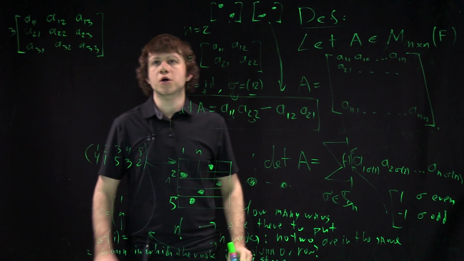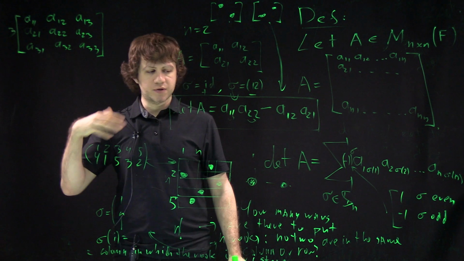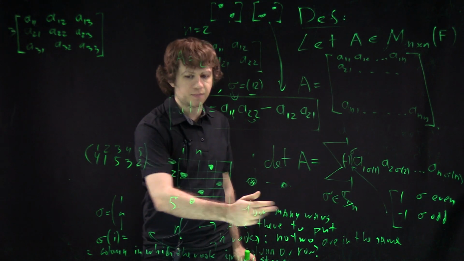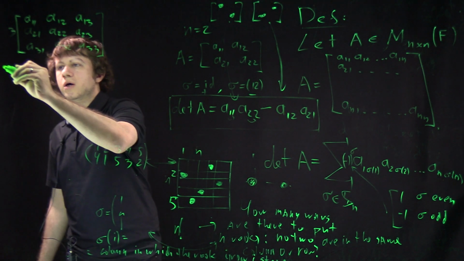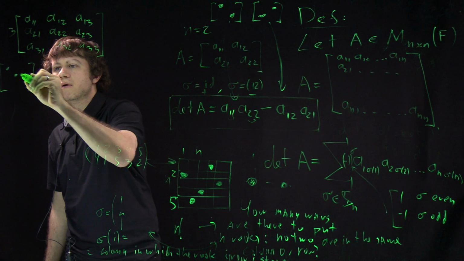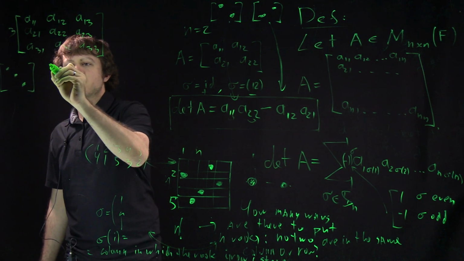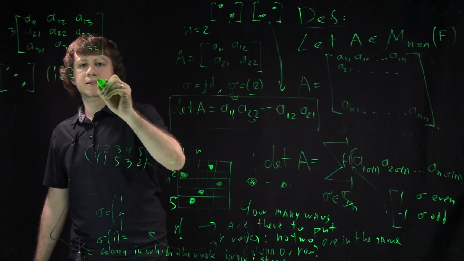Okay, so let me just write down 6 terms here. Each of them corresponds to some permutation, some positioning of rooks, and some sign. So, okay, let's first draw the rook positioning. So let's suppose I do this. Of course, this is a permutation 1, 2, 3 goes to 1, 2, 3, and the sign is plus.